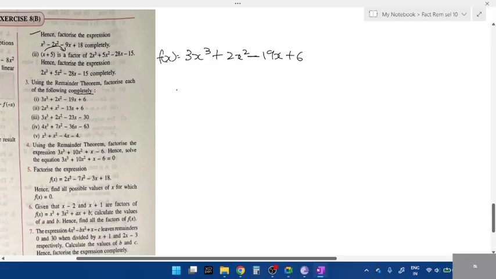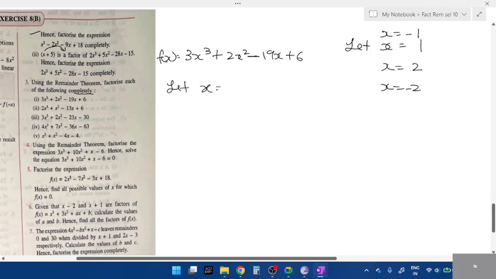Then we assume a value, students. For such a method, we assume values. First we'll start with x is equal to 1, x is equal to minus 1, x is equal to 2, x is equal to minus 2. Out of any of these values, after you solve, you should get 0 as the answer. So we'll start like this.